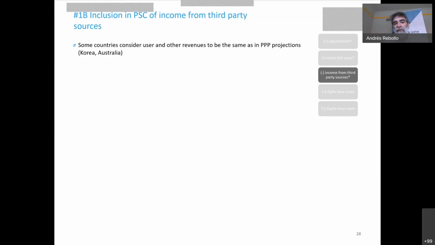So some countries consider user and other revenues to be the same. Example, Korea, Australia. So I will put here my projected income, and it will be the same as the income projected for the PPP contract.